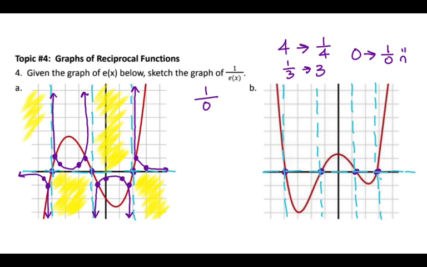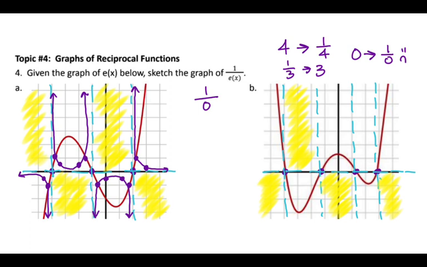And don't have any purple pieces over here. And that's because my original function, the red graph, was not in any of those areas. So if it helps you, you might want to color out the pieces that have no original graph. That way, you're not sketching the reciprocal where there shouldn't be a piece.